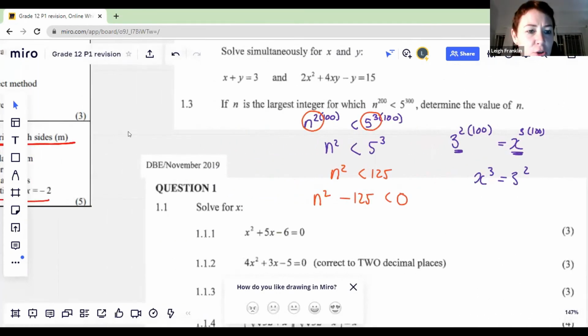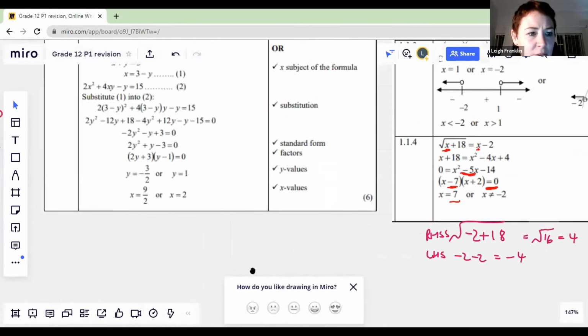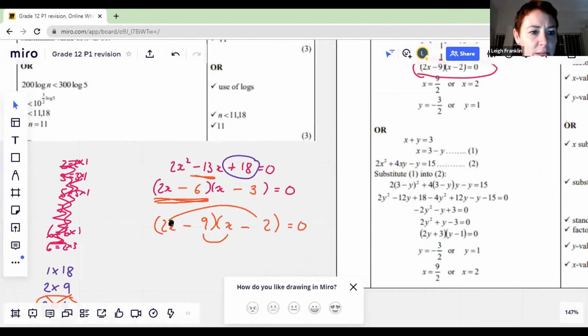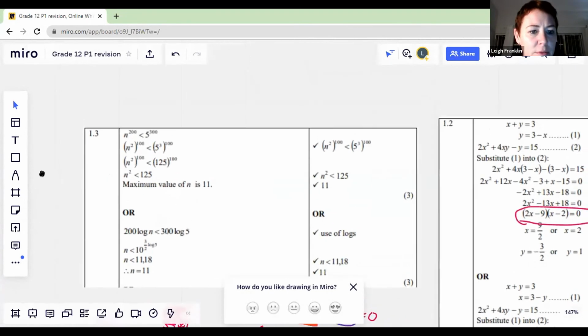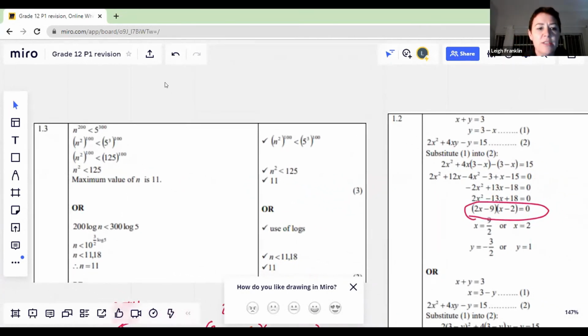Okay, so I'm going to show you guys, because this is so much neater than my handwriting. There we go. Okay, so there would be no point in taking the 125 over to the other side because you would not be able to factorize in any event. What you would then do is pick up your calculator and work out what the square root of 125 is.